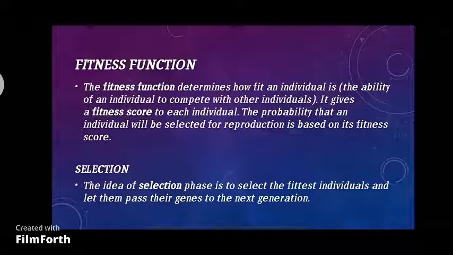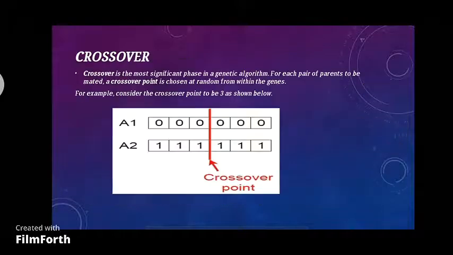It gives a fitness score to each individual. The probability that an individual will be selected for reproduction is based on its fitness score. Next, selection. The idea of the selection phase is to select the fittest individuals and let them pass their genes to the next generation.